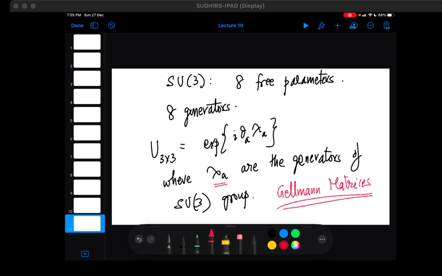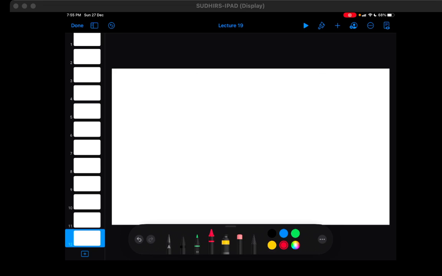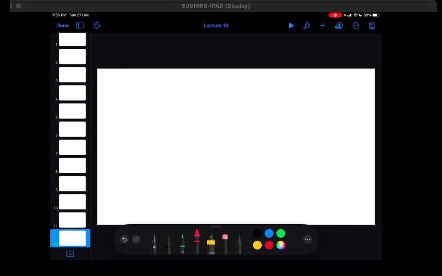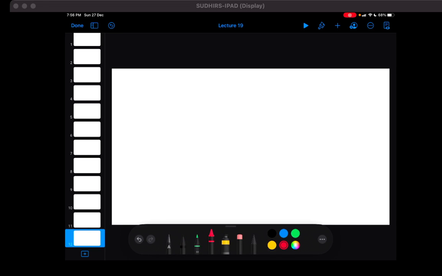Let's explicitly write down these 8 matrices. The initial ones look very similar to the Pauli matrices, except for a couple of them. We'll see which ones. This has been very cleverly done by Gell-Mann.